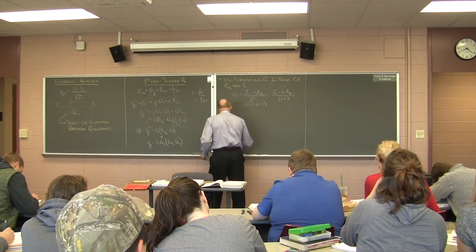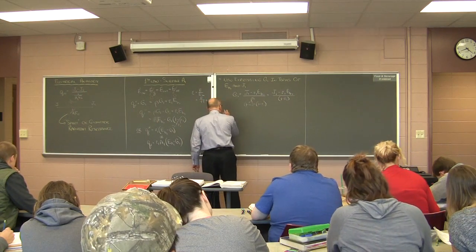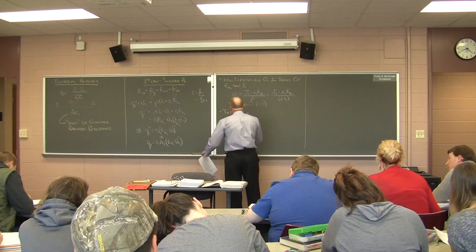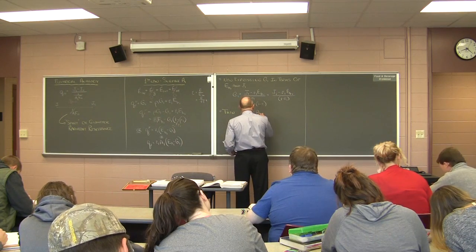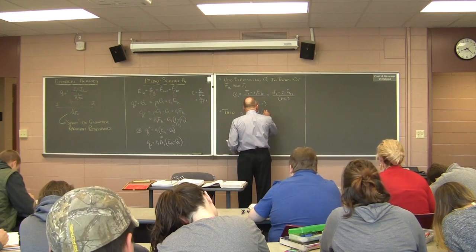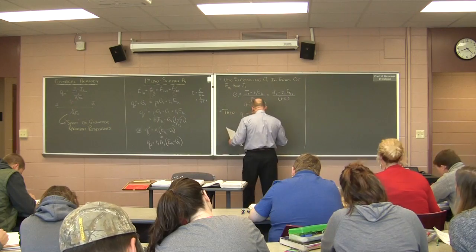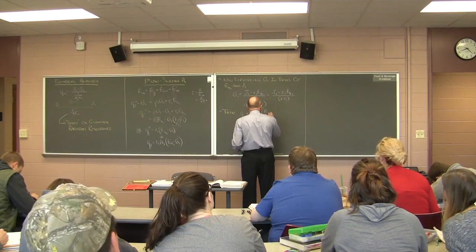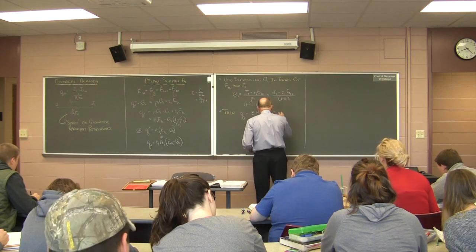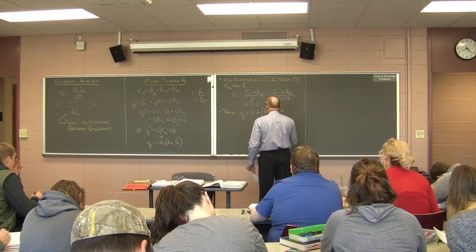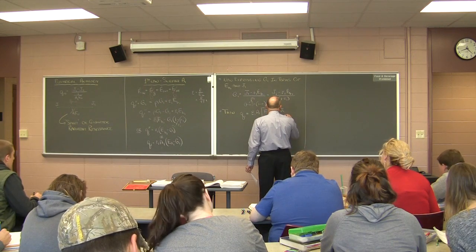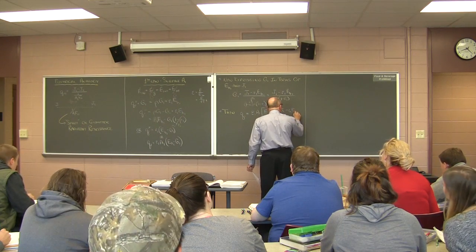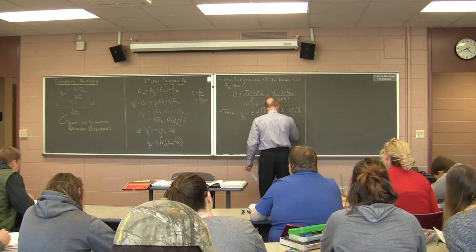Then Q1 is equal to epsilon 1 A1 times EB1 minus J1 minus epsilon 1 EB1 over 1 minus epsilon 1.